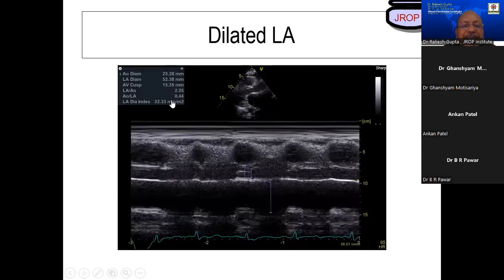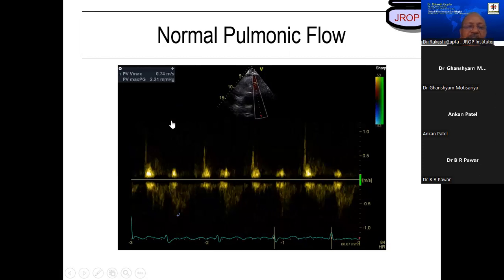We look at the LA, LA indexed is 32. So LA is dilated as seen over here. So with this, we understand that LV is normal in size, almost normal wall thickness except septal hypertrophy, but dilated LA. Pulmonic flow velocity is almost normal, 0.74.